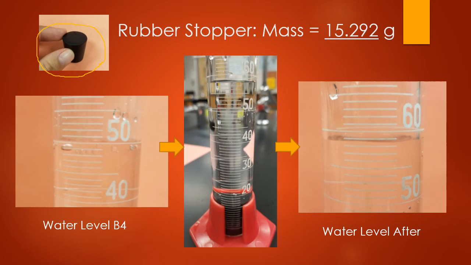So it's much like with the cylinder. The first picture here is the water level before, and it's a little above the 50 line. Make sure once again you're going out 1 decimal point. Then the rubber stopper is added. You can see the rubber stopper here at the bottom of the 100 milliliter graduated cylinder. You'll also notice that the water was at 50 initially, and now it has risen this amount here.